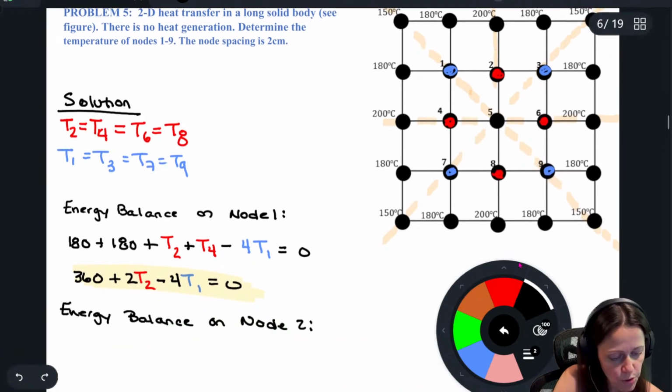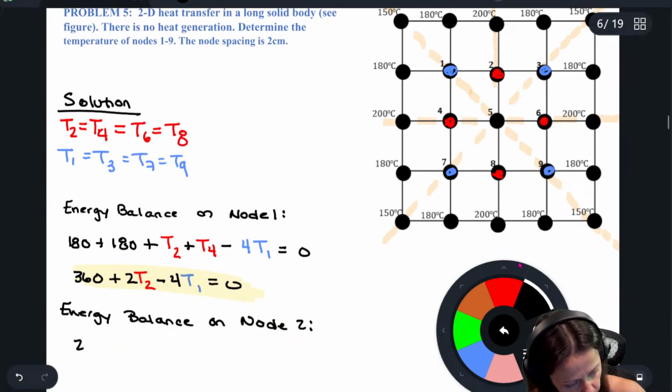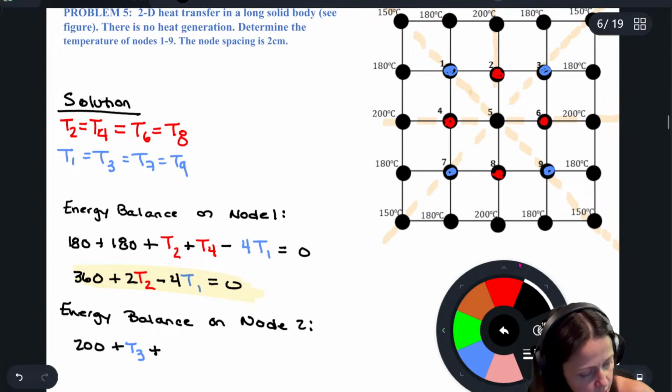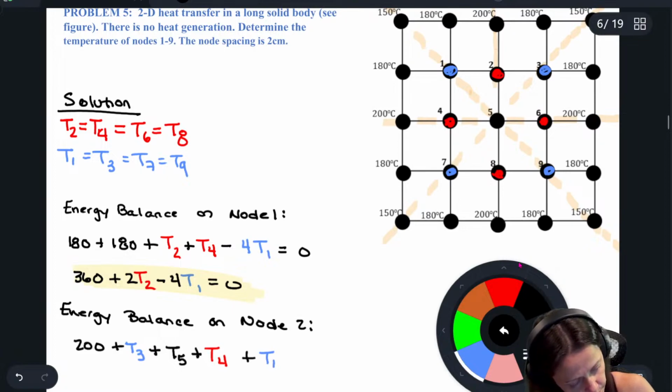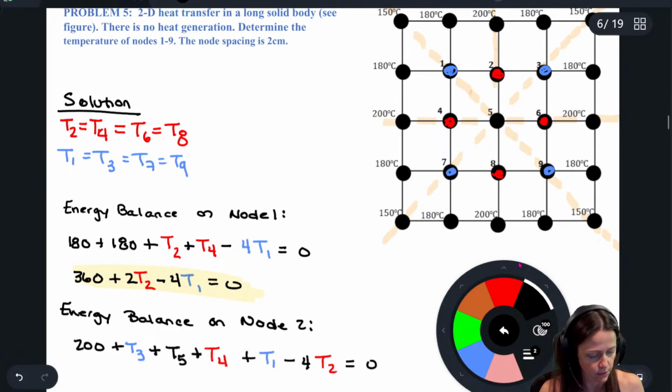All right, so node 2, so I've got 200 degrees plus T3 plus T5 plus T4 plus T1 minus 4 T2 equal to 0, right?